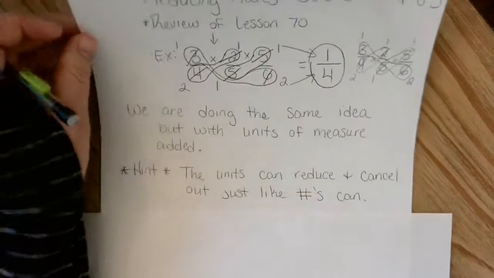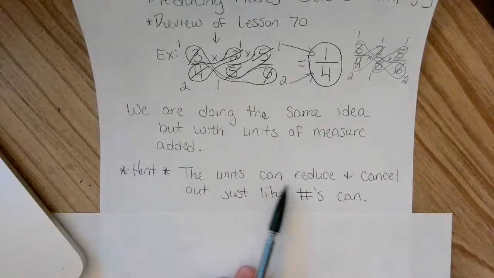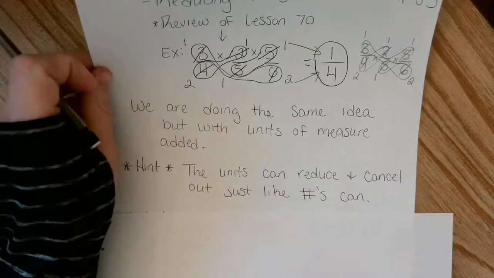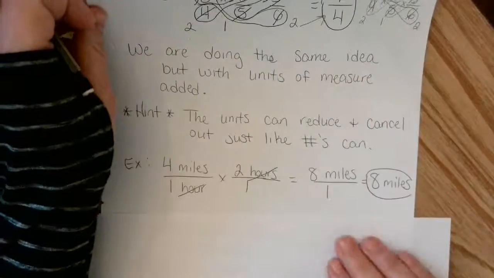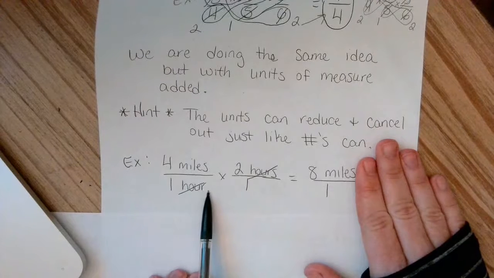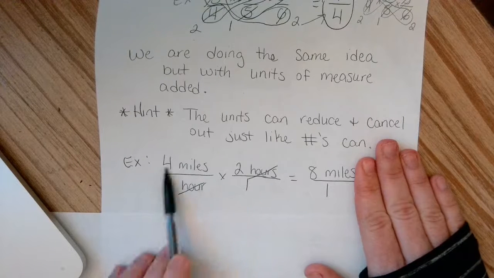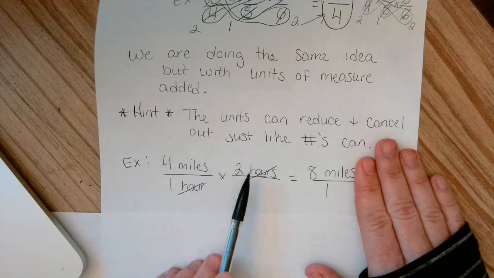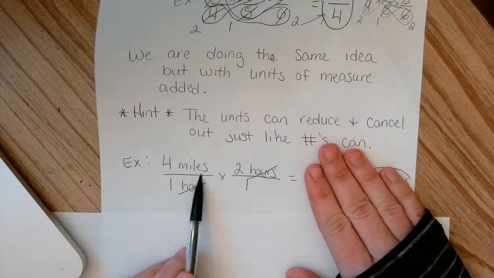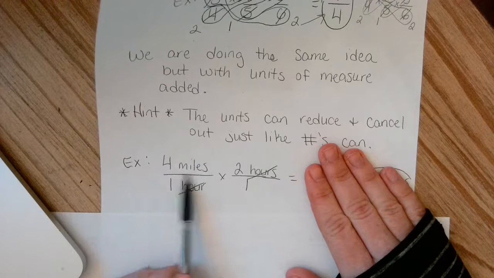So hint, the units can reduce and cancel out just like numbers can. Okay, so for example, right here, if I had 4 miles over 1 hour, and all of this would be given to you right here, times 2 hours over 1. Well, do you see another word that says miles other than right here?